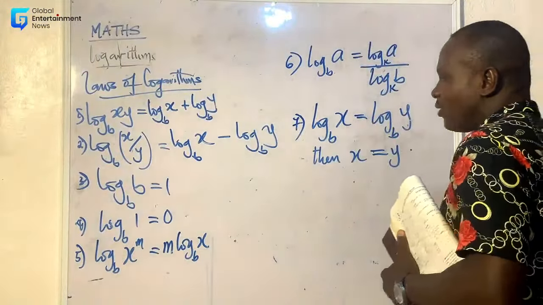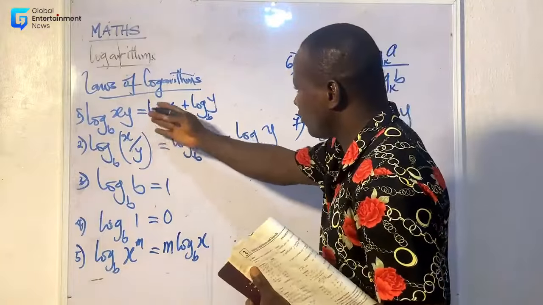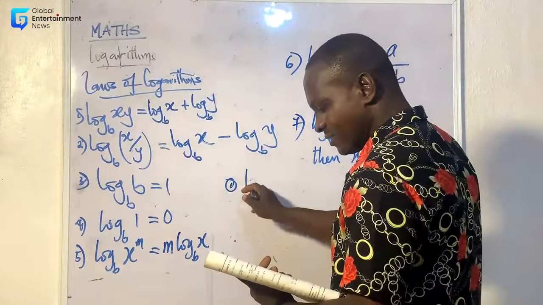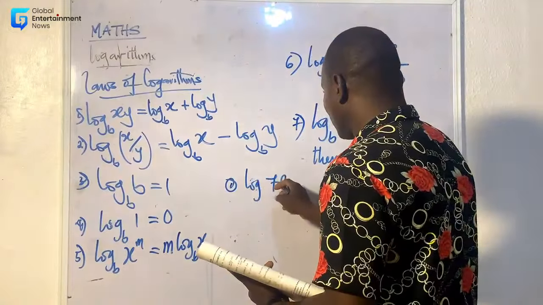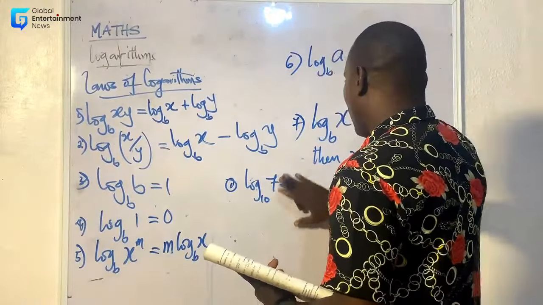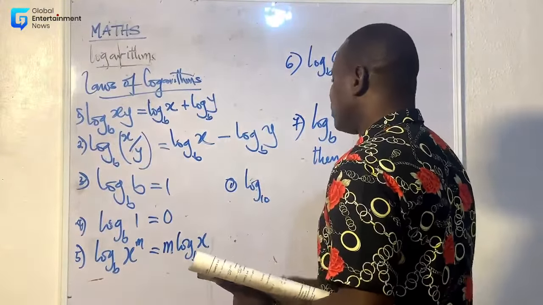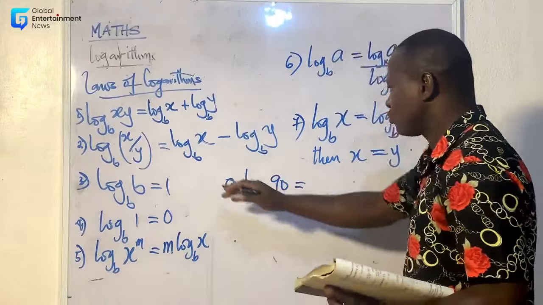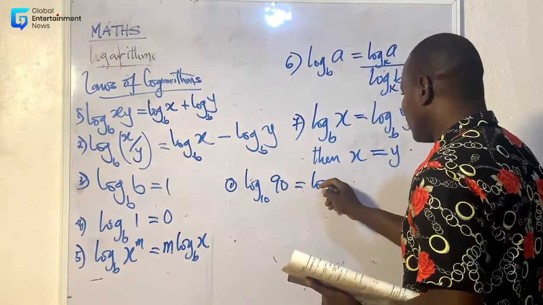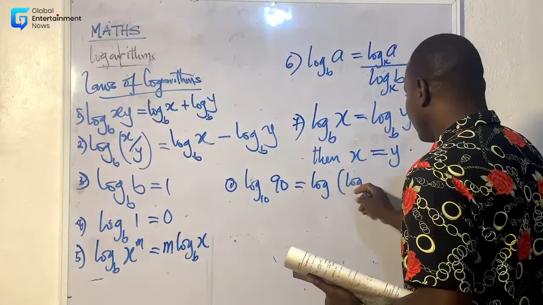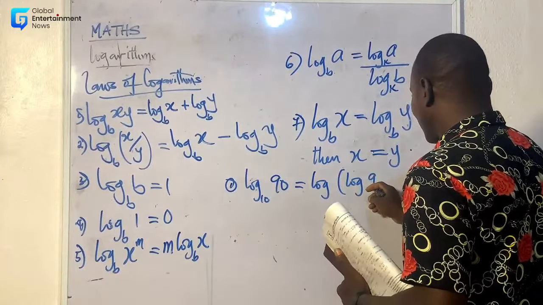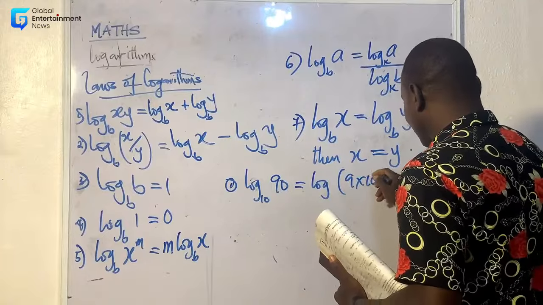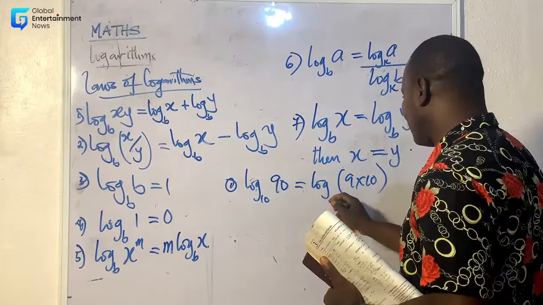Now, with this, I can just give you simple examples. For the first law, I have log 90 base 10. If I break this down, 90 is 9 times 10, so it is log 9 times 10, base 10.